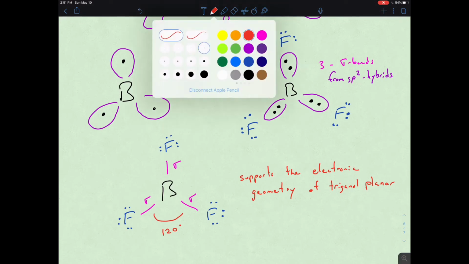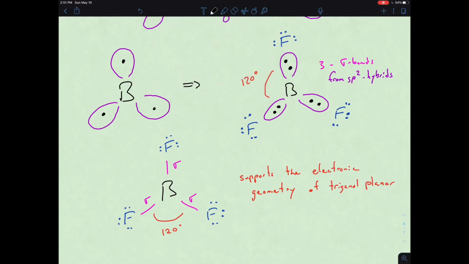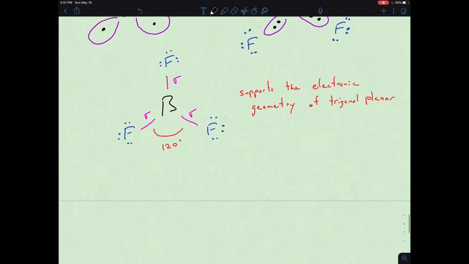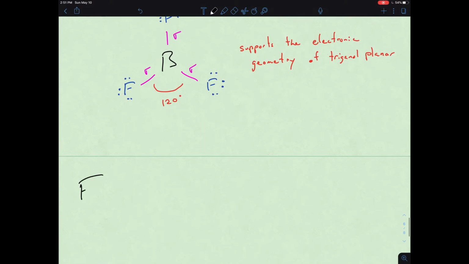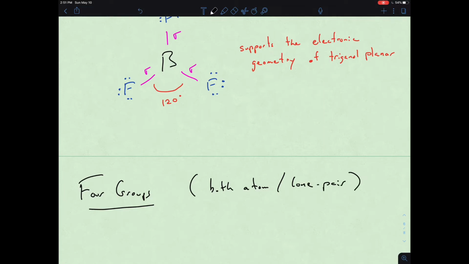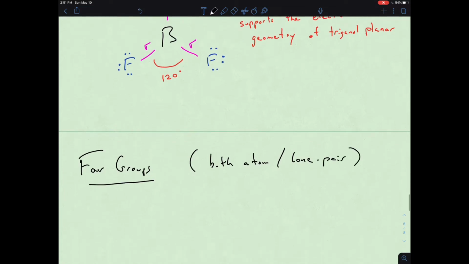If we move to 4 groups, right, that means we're going to have to hybridize 4 orbitals.